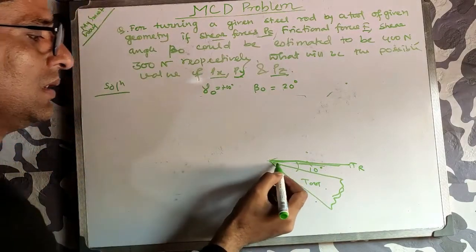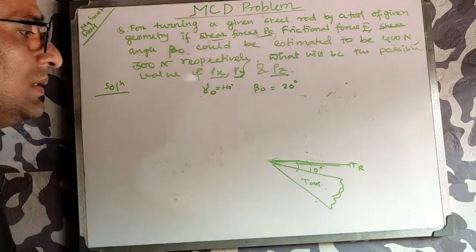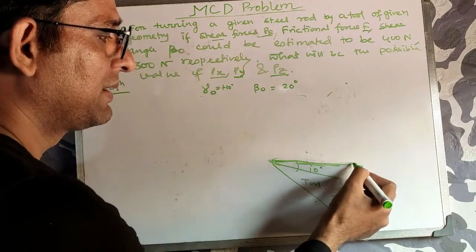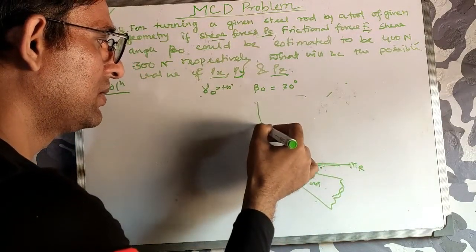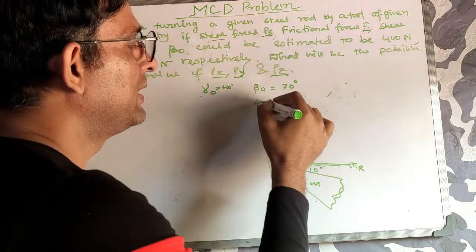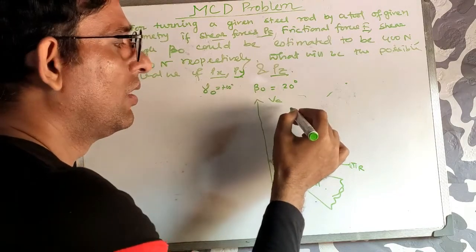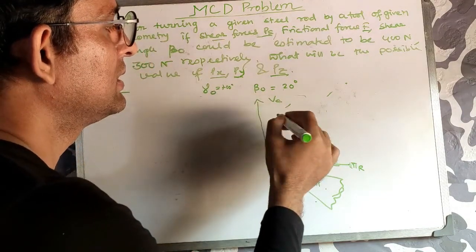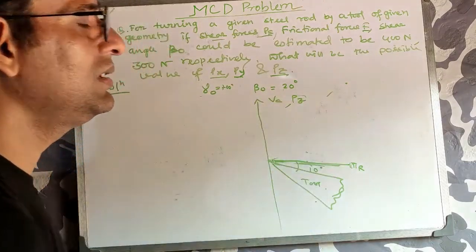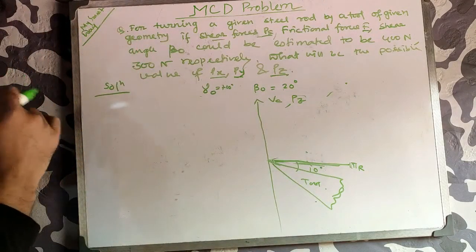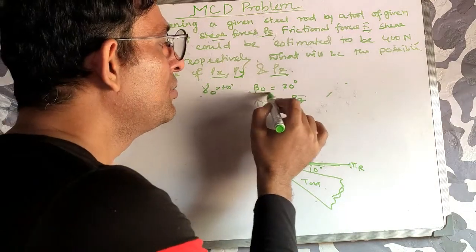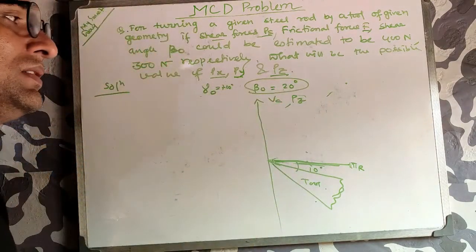Now here you can see the velocity vector is always perpendicular to the pi r plane, the reference plane. This is the velocity vector Vc, or you can consider this the direction of Pz. Now the shear angle beta 0, if you assume 20 degree, what is beta 0?